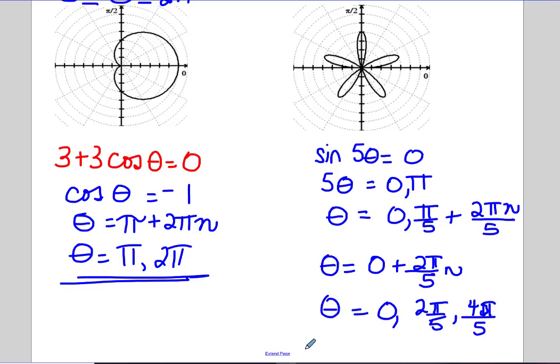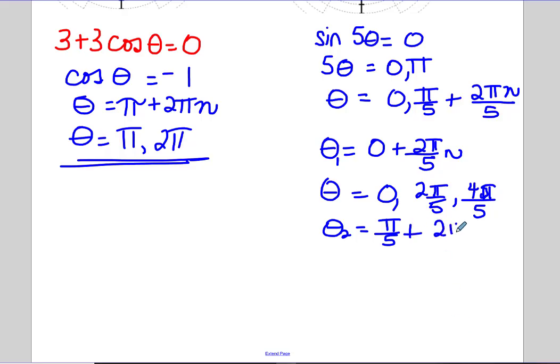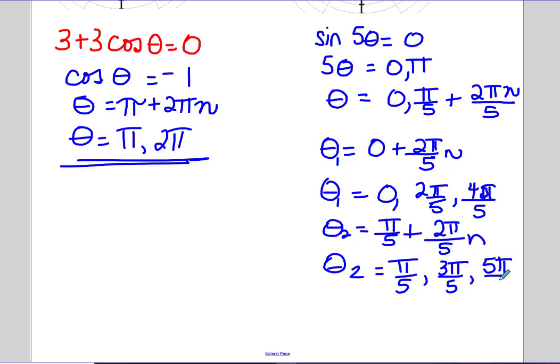Then if we take the second set of zeros at pi over 5 plus 2 pi over 5n and solve for those zeros, when n is 0, our first zero is 1/5 of a pi, and then 2/5 plus 1/5 is 3/5 of a pi, and then 2 is our n, so 4/5 plus 1/5 is 5/5 of a pi, which is just 1 pi.